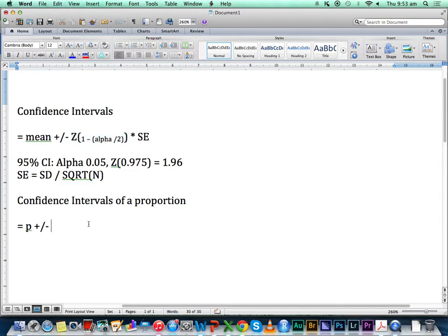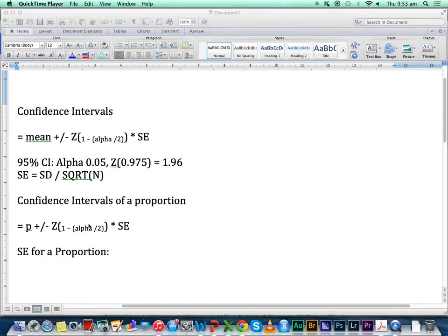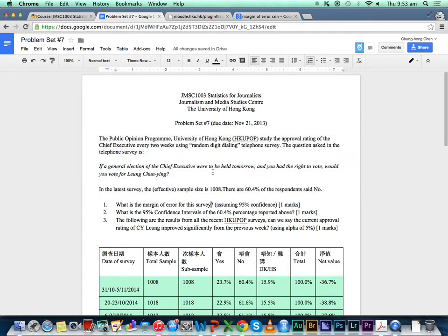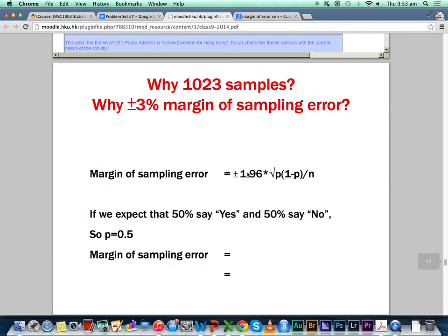Actually, the equation is the same, but the standard error for a proportion, you have that in your slides.